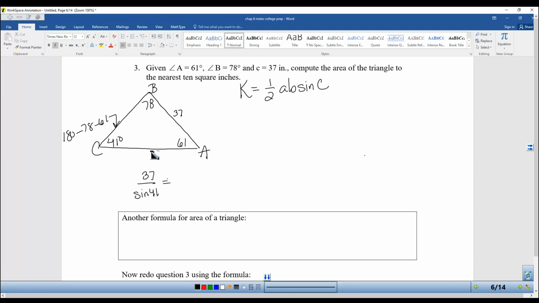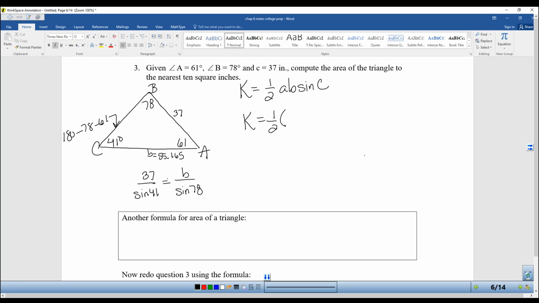So let's find B. B is to sine of 78. So I have 37 times sine of 78 divided by sine of 41, and I get B is equal to 55.165.